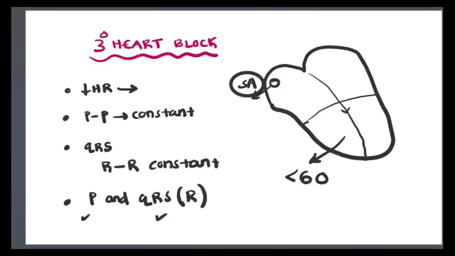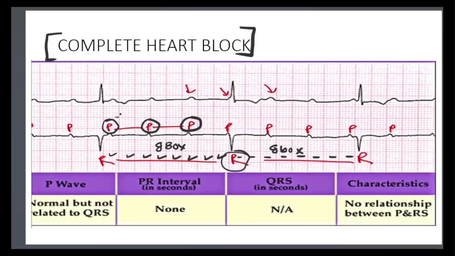What are the other features? Low heart rate. Let's see in this ECG. So this is an R wave, this is another R wave. 1, 2, 3, 4, 5, 6, 7, 8. So 8 large boxes between two R waves.